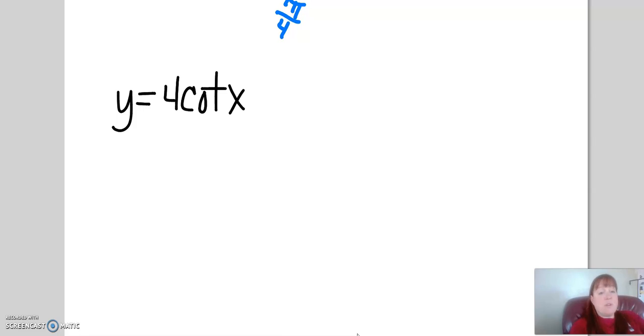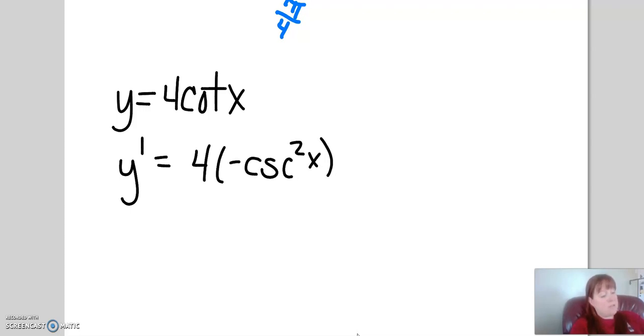What's the derivative of cotangent? The derivative of cotangent is negative cosecant squared. So y prime equals 4 times negative cosecant squared of x, which we can write as negative 4 cosecant squared of x.